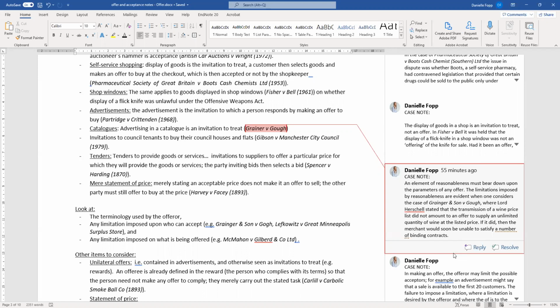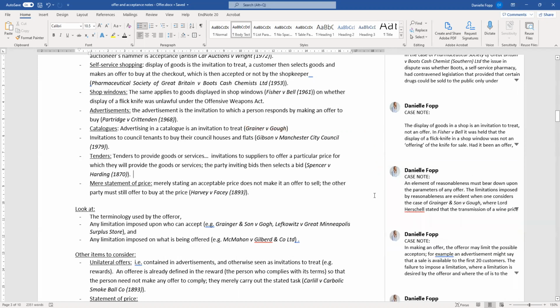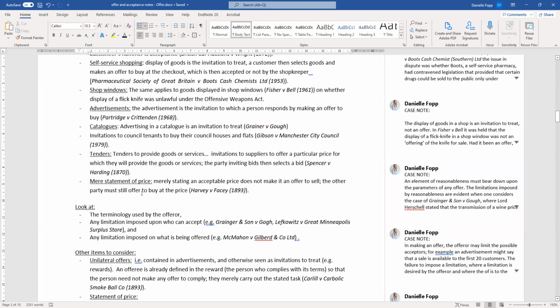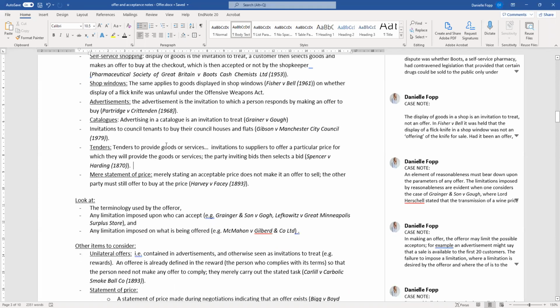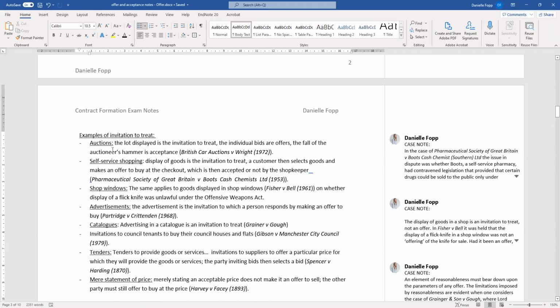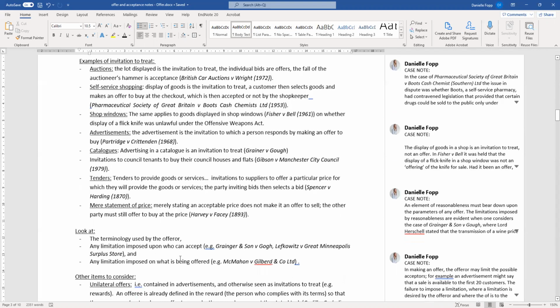If it did, then the merchant would soon be unable to satisfy a number of binding contracts. Then we've got mere statement of price, tenders, and invitations to council tenants. So this list here will vary depending on what your lecturer has spoken about in your contracts course.